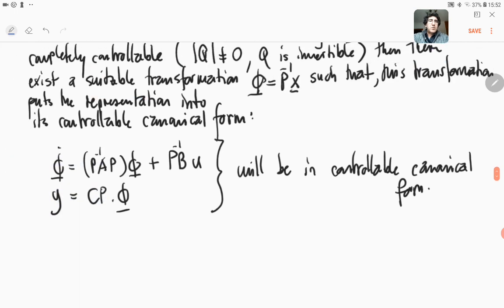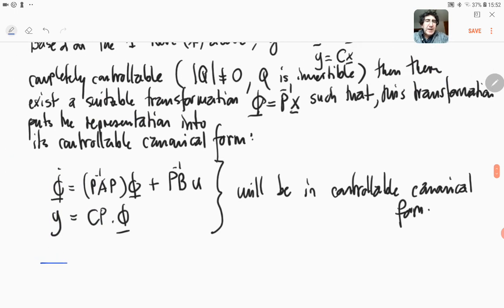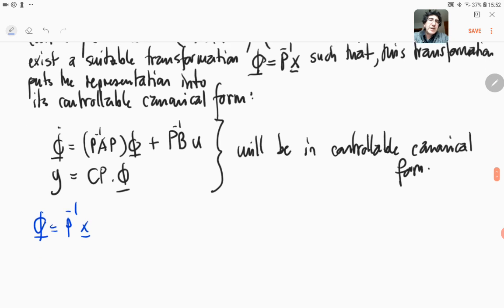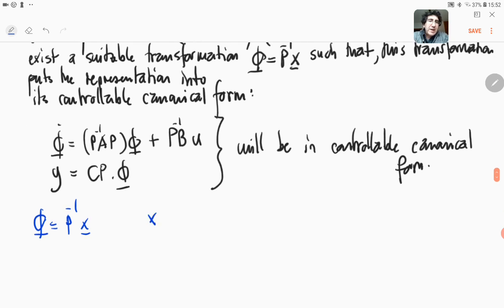Okay, so remember we have phi is equal to P to the power minus 1 times x as our new state. So remember what we have. We have x dot equals Ax plus Bu. Let me try to write down what phi dot is. Phi dot is equal to P to the minus 1 times x dot from here.